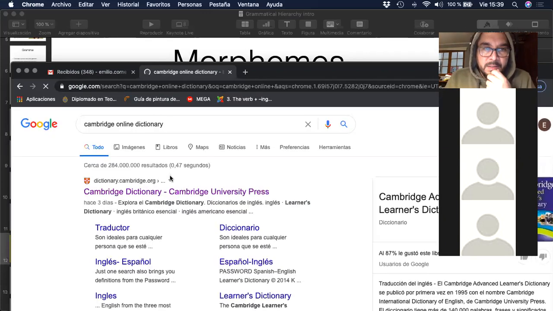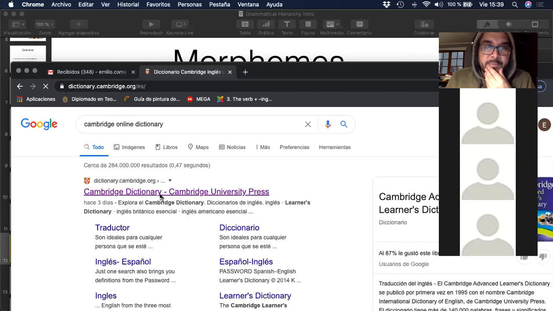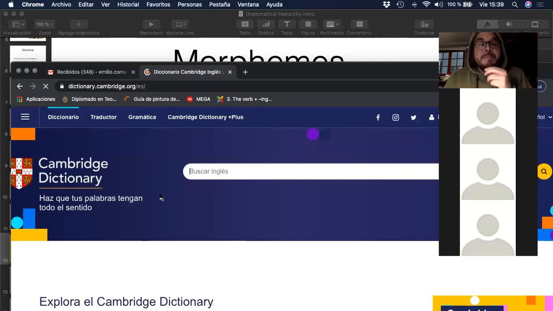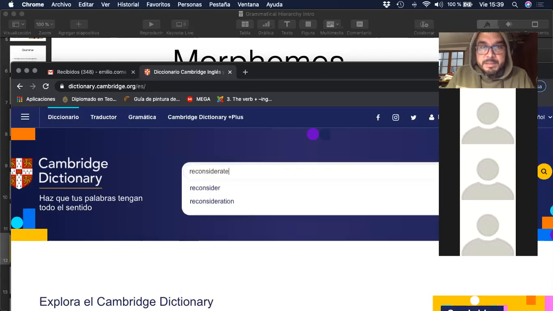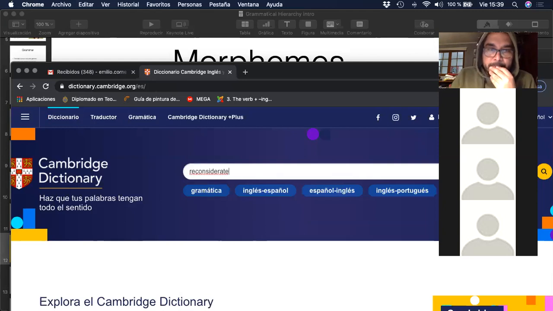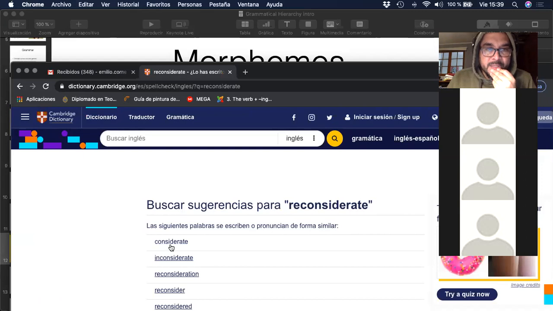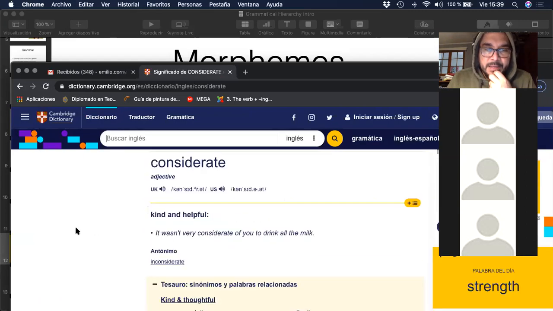In Cambridge Online Dictionary, reconsiderate. Pero sí existe considerate. Adjective, maravilloso, sí existe entonces. Vamos entonces a nuestro ejercicio.